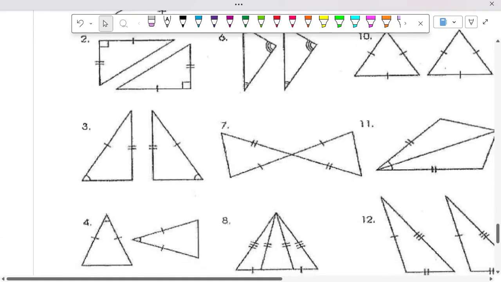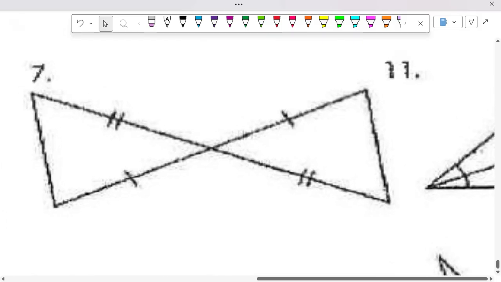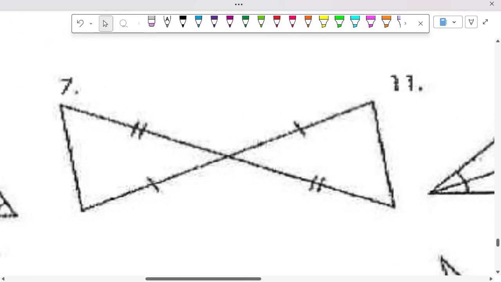All right. What about number 7? So think about it for a second. Think about any assumptions you can definitely make and mark. All right. Raise in 3, 2, 1. Go.